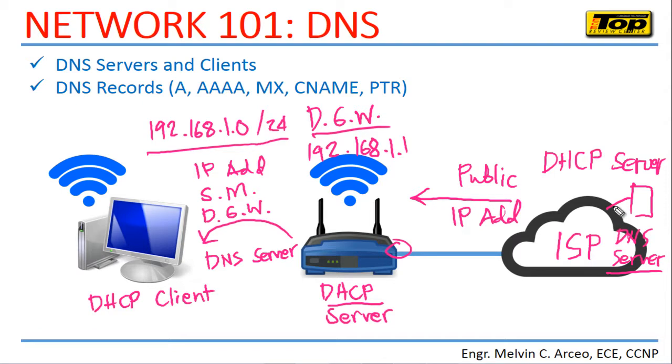All right? Okay, so yun yung magiging concept natin. No? So ito yung scenario ng ating network. And sa ngayon, ito yung ating DNS server. So ang i-verify natin ay yung mga domain at kung ano yung IP address ng mga domain na yan.